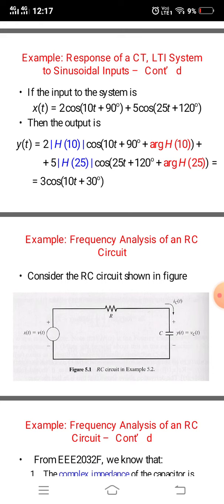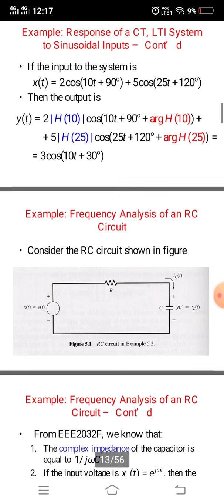This current circulates through the resistor and capacitor. When the current reaches the capacitor, it is IC of t, and the output is y of t equal to vC of t.